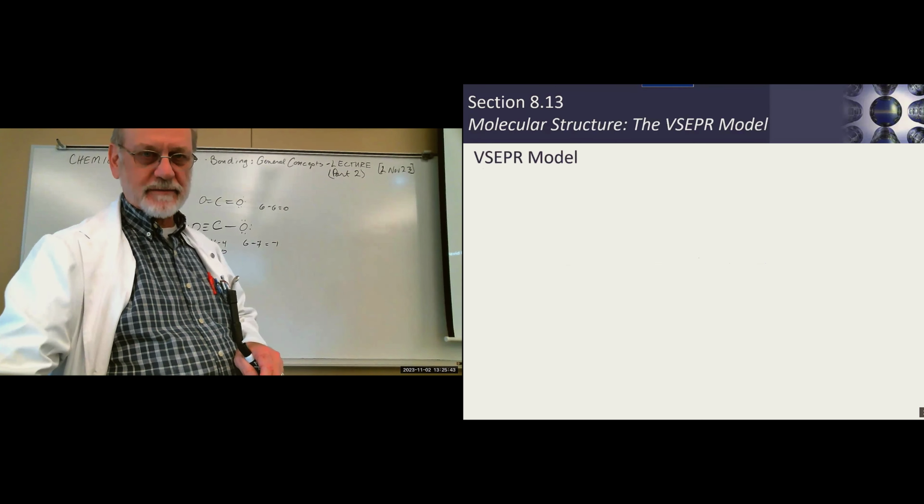All right. Now we're going to use the Lewis dot structures and rules for the VSEPR model. VSEPR stands for valence shell electron pair repulsion.